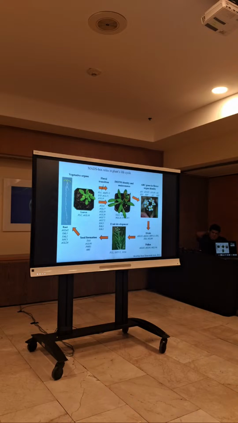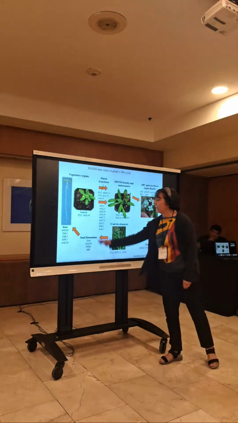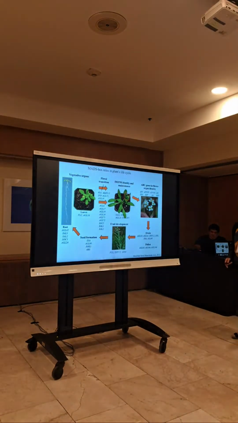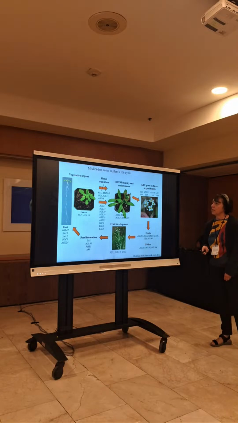there are many MADS-box genes, around 100 in Arabidopsis thaliana, that is our plant model, and they participate along the plant's life cycle from the vegetative growth to the seed formation, but the better known MADS-box genes are the ones implicated in flower organ identity, known as the ABC genes.